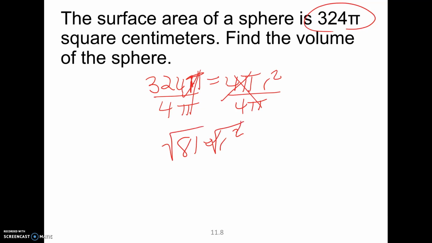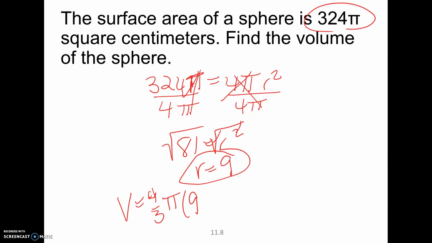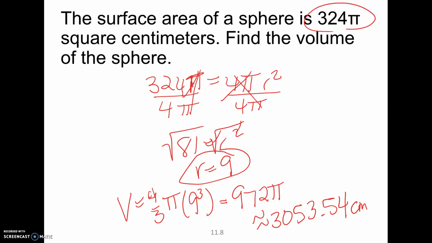Okay, that's a perfect square. We all know that one. The square root of 81 is 9. So now I have my radius and I can plug that into my volume formula. Remember, your radius is cubed in your volume formula. So that's going to be 972 pi, which is about 3,053.54 centimeters cubed.